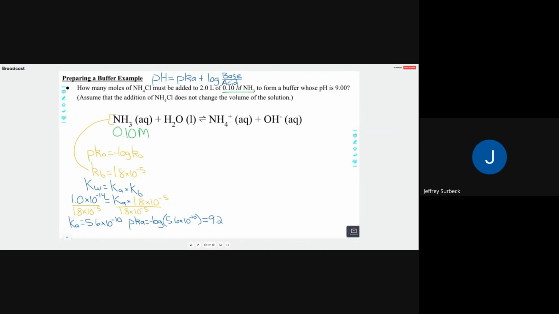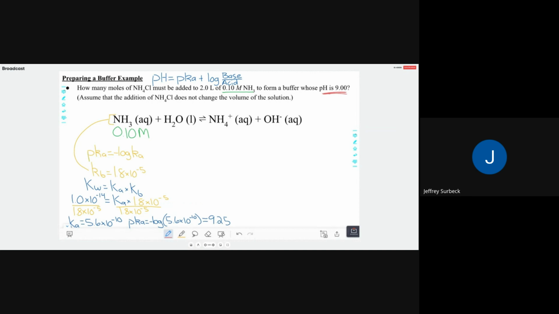So now we can start plugging into our Henderson-Hasselbalch equation, the equation that we wrote down right here at the top. We are given our pH in the problem. It says this gives us a pH of 9.00.